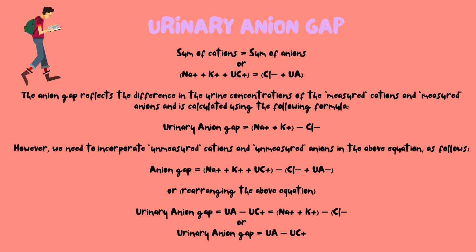So you have a large component of the measured cations and a smaller component of the unmeasured cations, and you have a smaller component of the measured anion and a larger component of the unmeasured anions. The unmeasured anions are more in number than the unmeasured cations. That's why you have a urinary anion gap that says unmeasured anions minus unmeasured cations, which is the same for the serum as well.